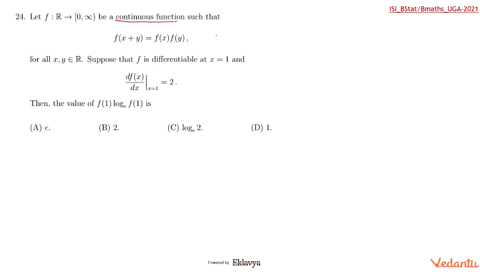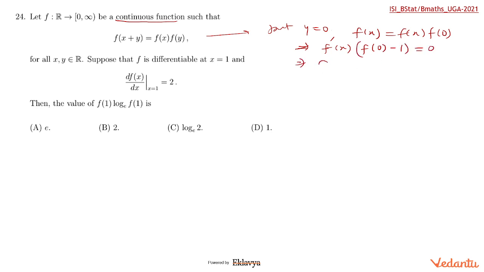But let me explain from the basics. By putting y equal to 0 we get f x, this is true for all x, y belonging to R. We can take y as 0 and x as general, so f x into f 0 comes. This means f x into (f 0 minus 1) equal to 0.